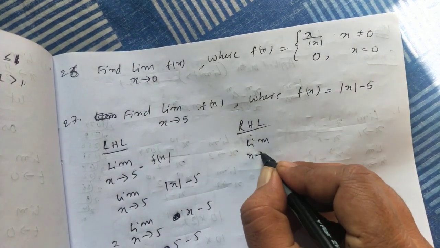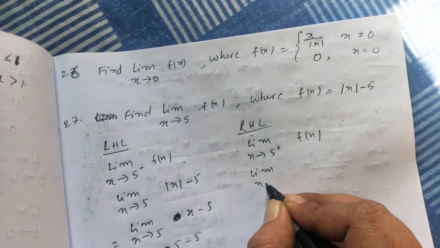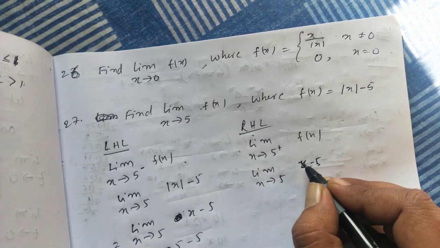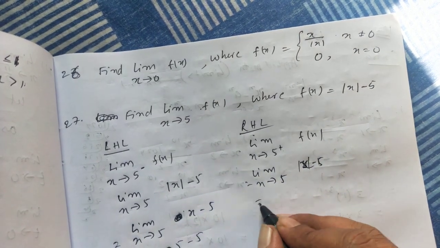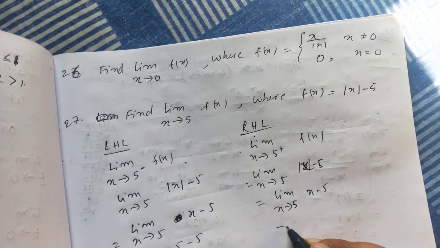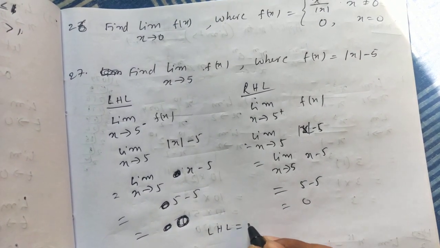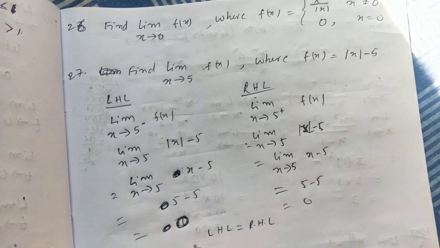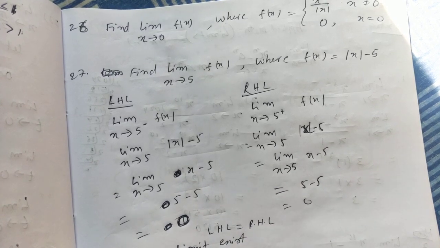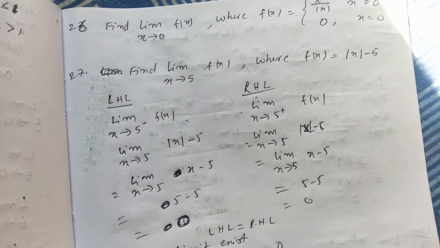So it will be x minus 5 only, so 5 minus 5 will be 0. Left hand limit is equal to right hand limit, therefore the limit exists, and the value of limit x tends to 5 f(x) is 0.